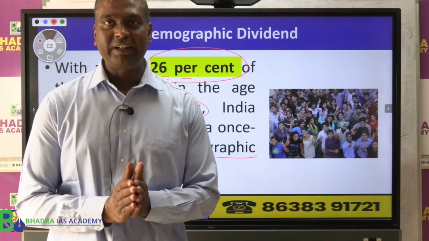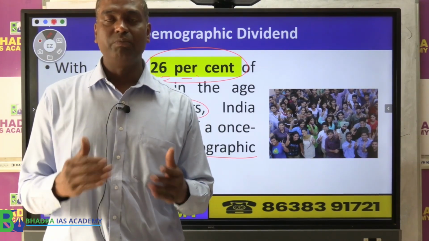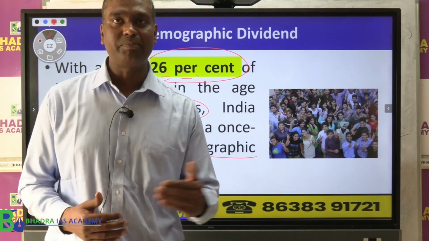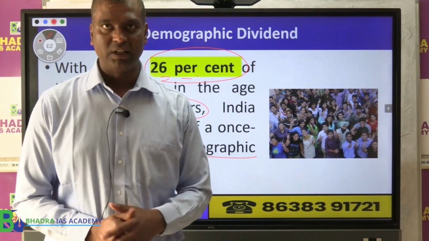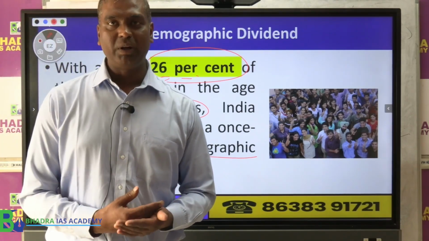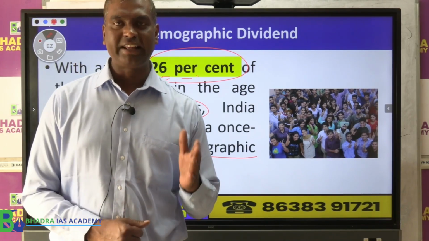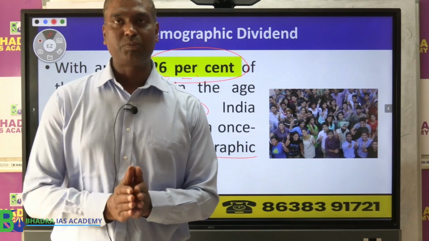What is the demographic dividend? When in the population we have a higher percentage of young people, that is labor force. We don't take 10 to 24. Normally we take the population of 15 to say 45-50. That is the labor force population.